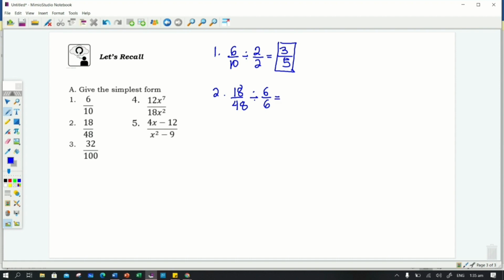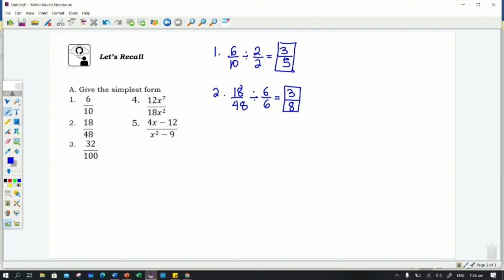So 18 divided by 6, the answer is 3, all over 48 divided by 6, the answer is 8. So notice this is now the simplest form of 18 all over 48.